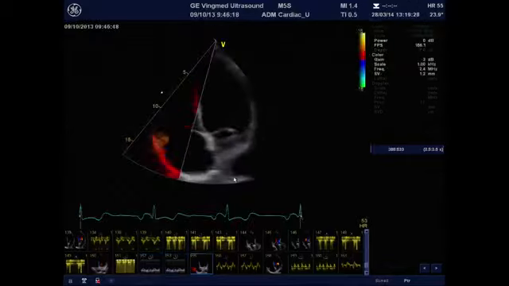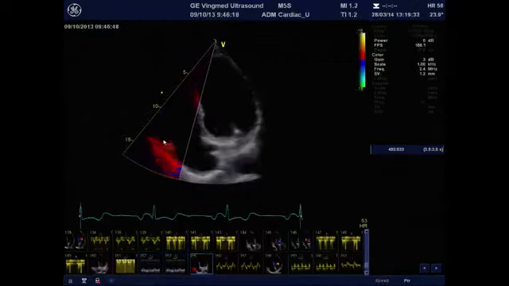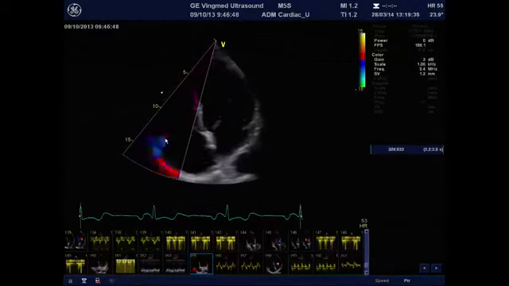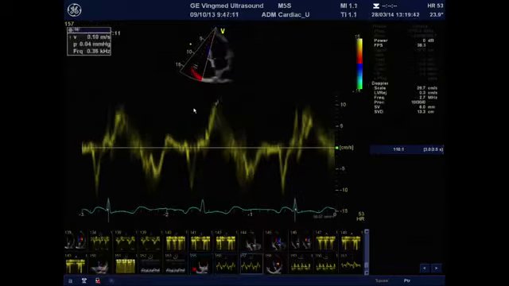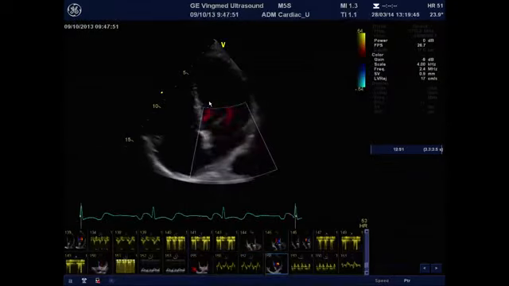And you could also assess the systolic velocity at the tricuspid annulus with the pulse wave Doppler and the tissue Doppler imaging, just like this. And also you should assess the left ventricular function.